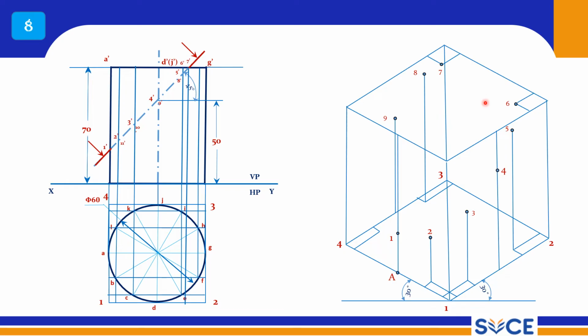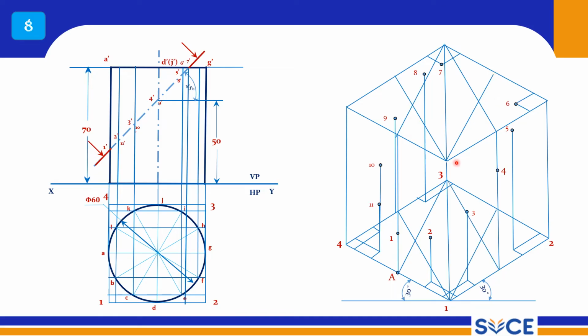Now with the 4 centers I am going to draw at the base also between point A and here, and I can project up to the 11th point. To draw between 7 and 6, remember 7 and 6 should be drawn with the 4 center method. Using this center you can draw from here to here, and now using this center from here to here.